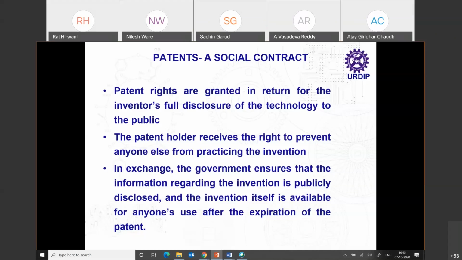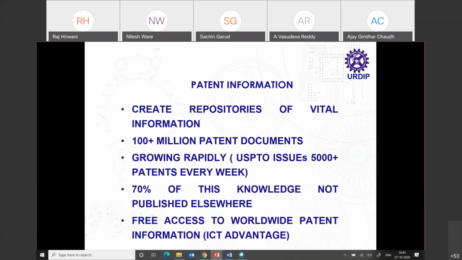So what it does is create a vast repository of vital information. More than 100 million patent documents are in the public domain. Knowledge is growing very rapidly. A single patent office like the US Patent Office issues more than 5,000 patents every week. Every Monday, their server is uploaded with those 5,000 plus patents issued in the previous week.